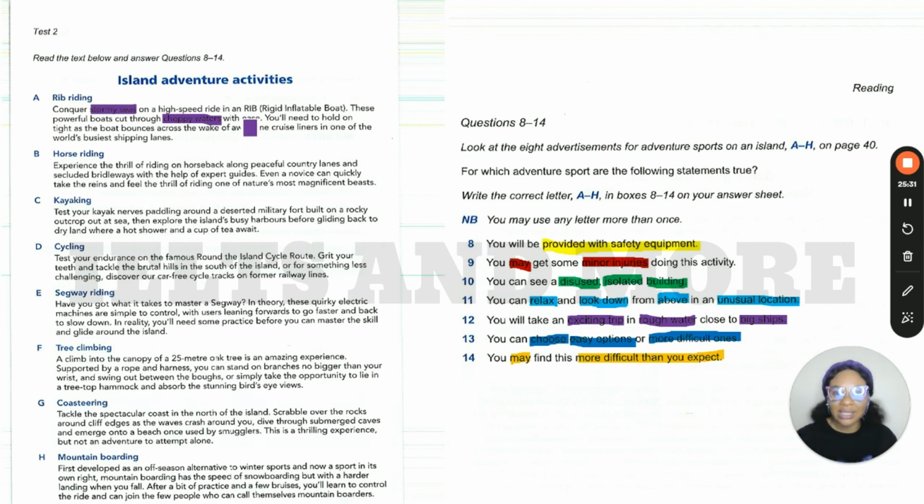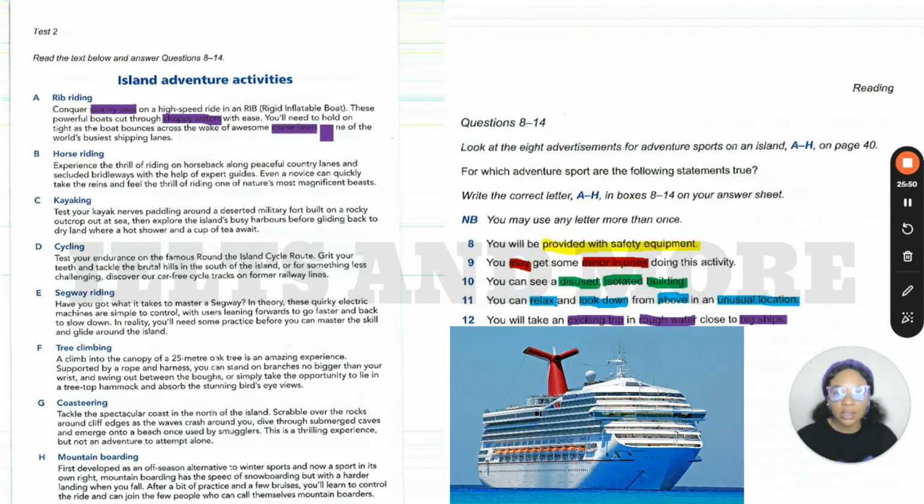Across the wake of means as you're moving, you'd be able to see awesome cruise liners.